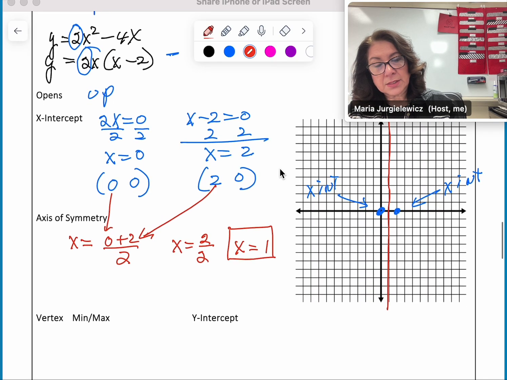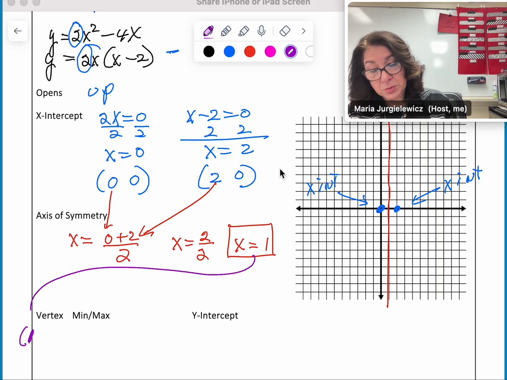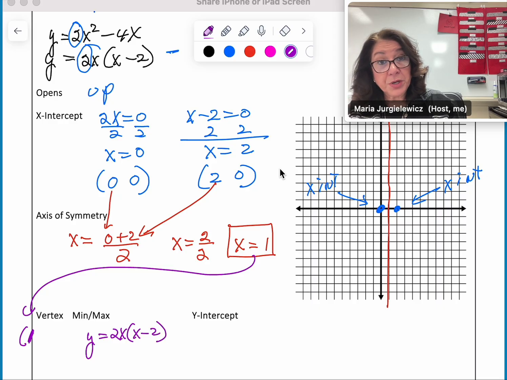Now the vertex. The vertex is on that axis of symmetry, so I know that the x value is going to be that 1. And now I need to figure out what the y value is going to be. You can take either one of the equations. I usually like to take the second one, 2x, x minus 2, and we're going to put in a 1 everywhere that we see an x.